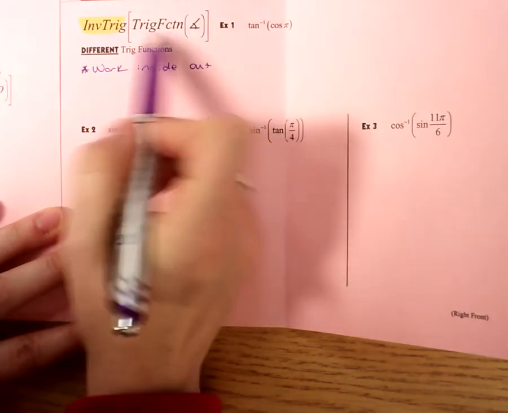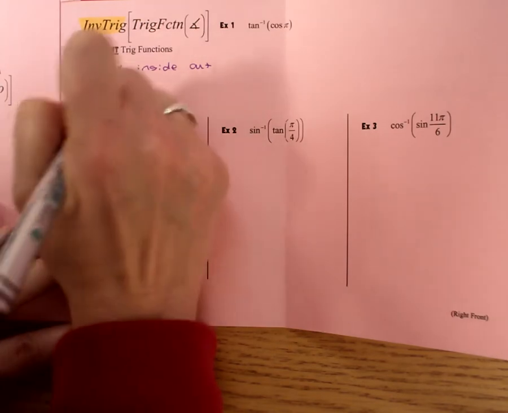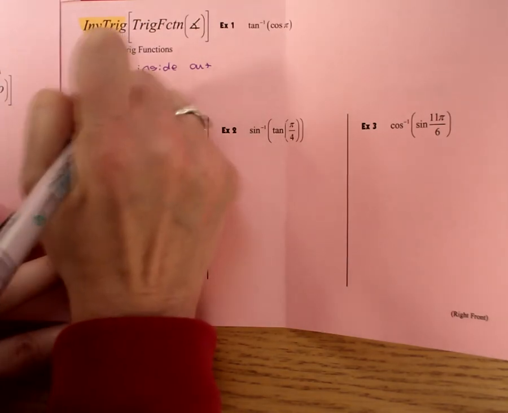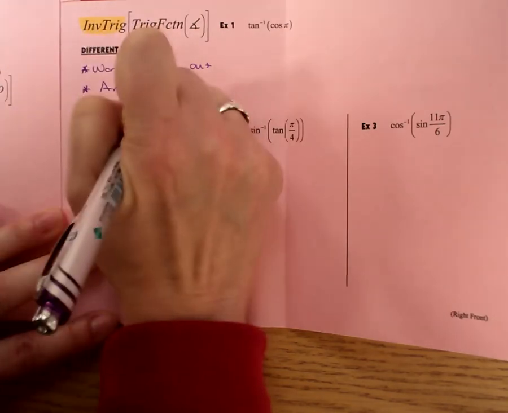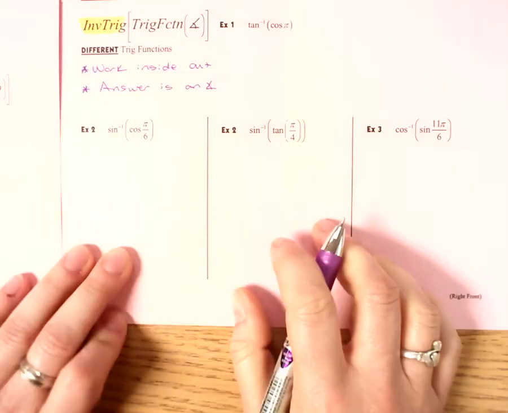So we're going to work our A problem first, and then when we're all finished, our final answer will be an angle. So you should give some kind of an angle when you're all done.